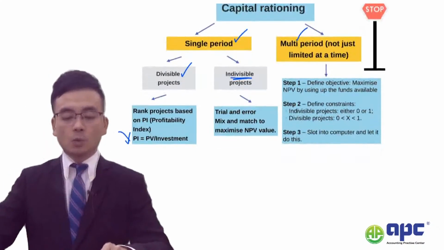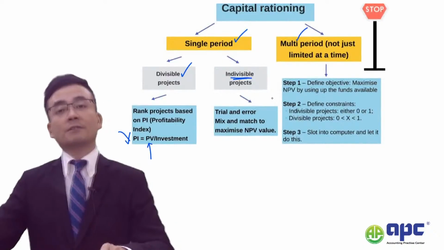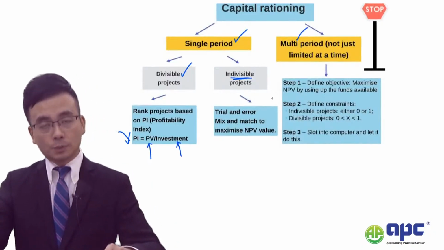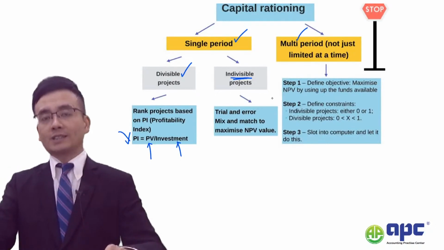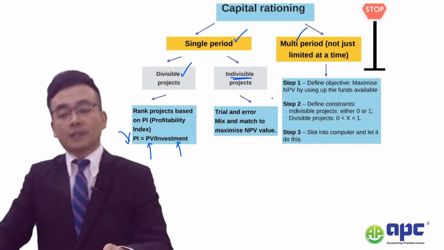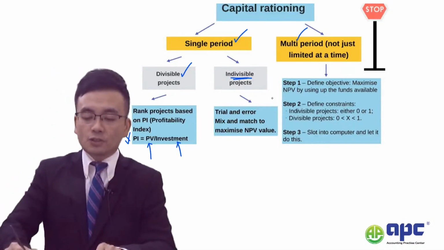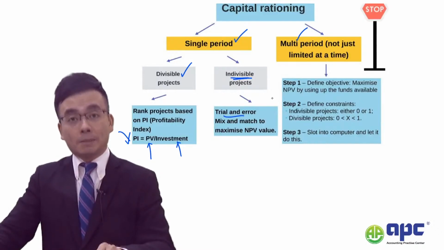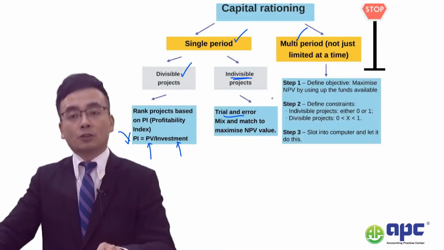So, for example, we use the project present value over the investments that we make in each of the projects in turn, or each of the sub-projects in turn. For an indivisible project, on the other hand, we will need to use trial and error methods to see which combination of projects will give rise to the maximum NPV, so we can choose that combination.